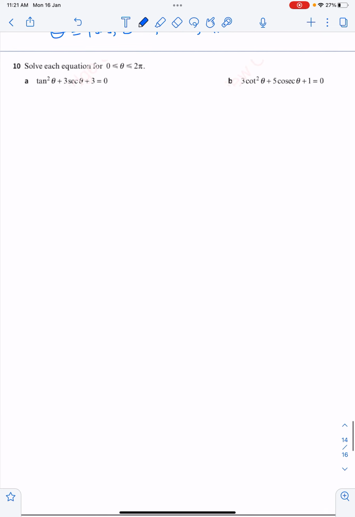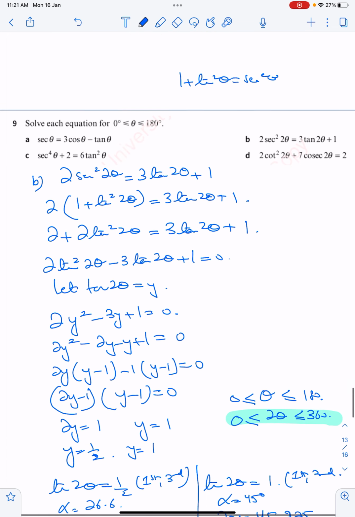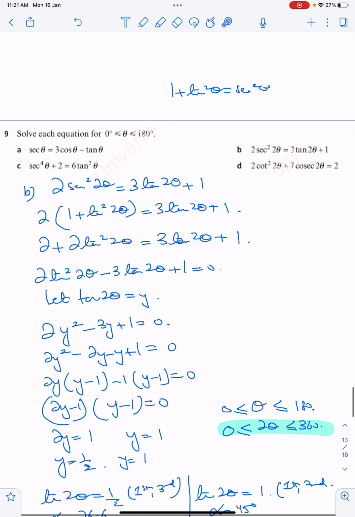Then we move on to question number 10. We have to do one more from here, so we can pick on doing the D part.